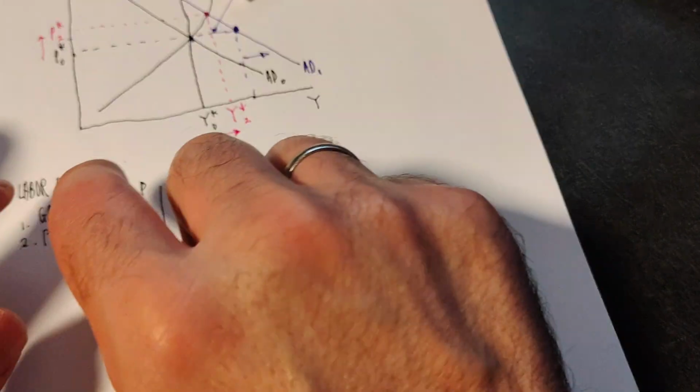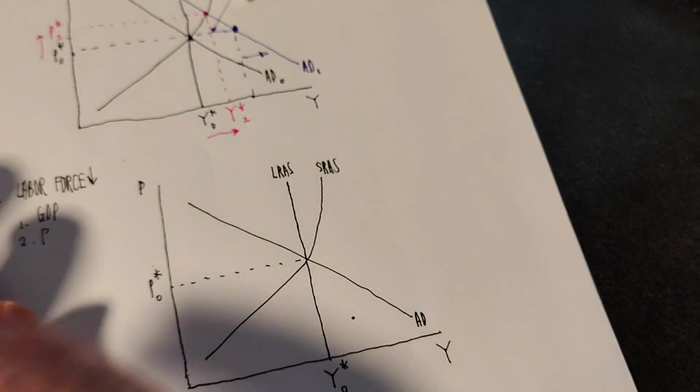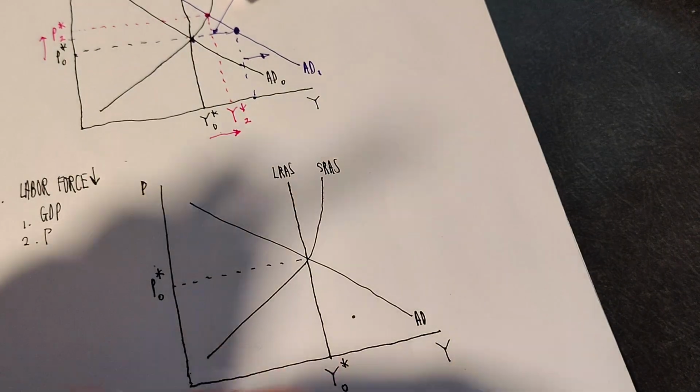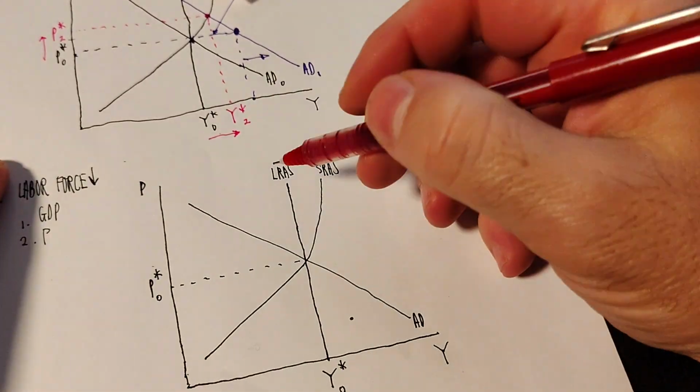It's not like a temporary change in the price of oil, or people temporarily wanting a little more money during Christmas. It's going to take a lot to move the labor force. So we can assume that that's going to be a change in the long-run aggregate supply curve.